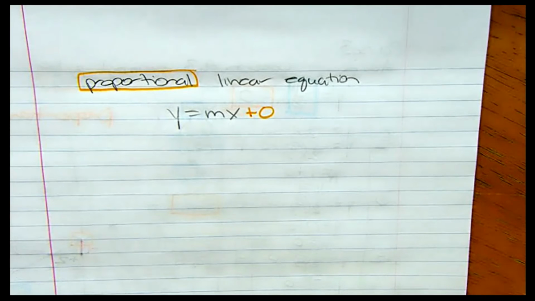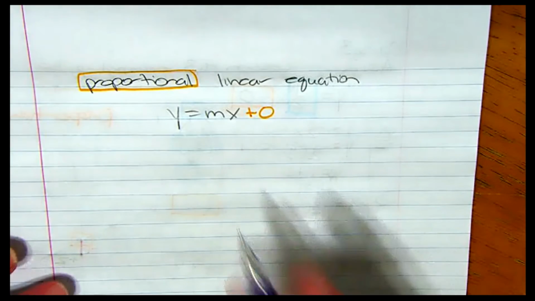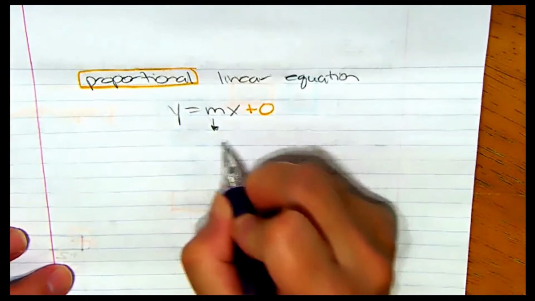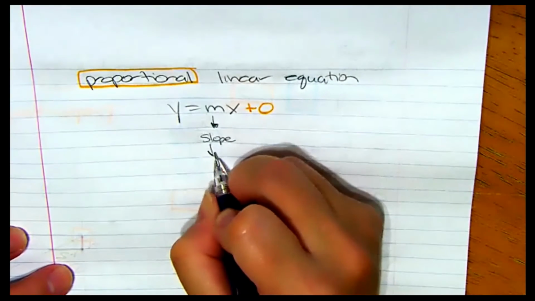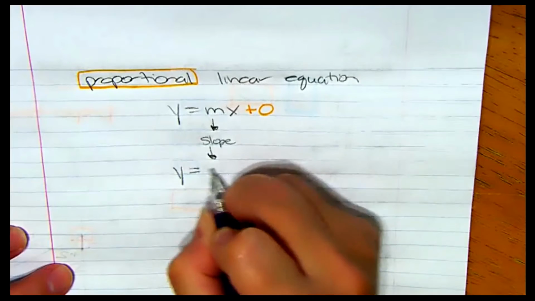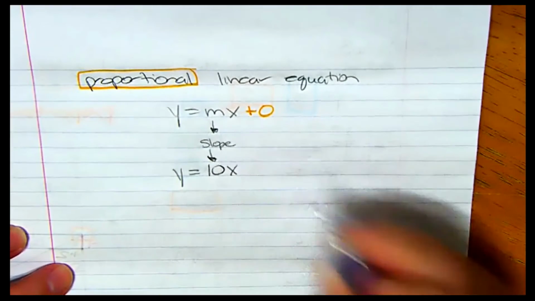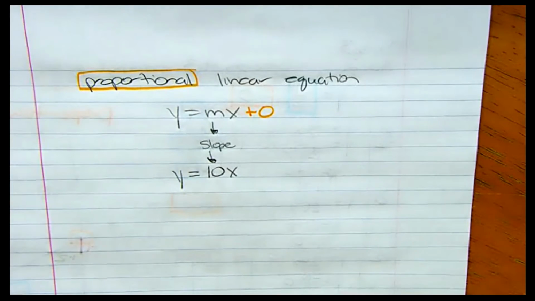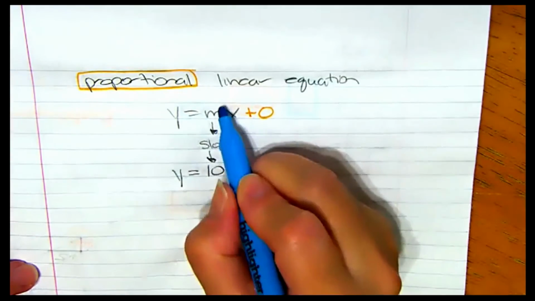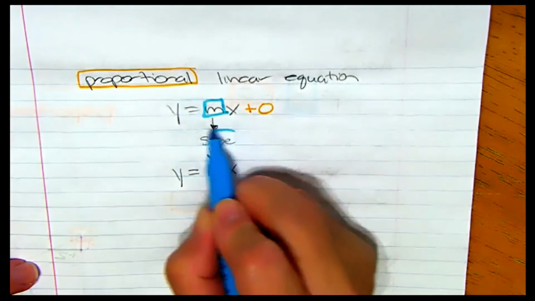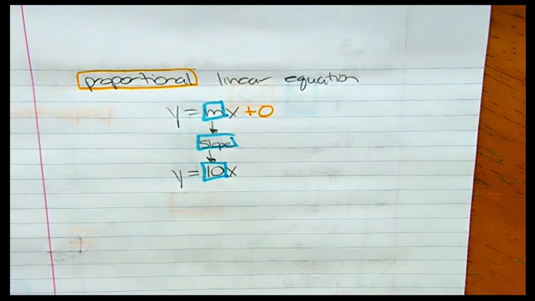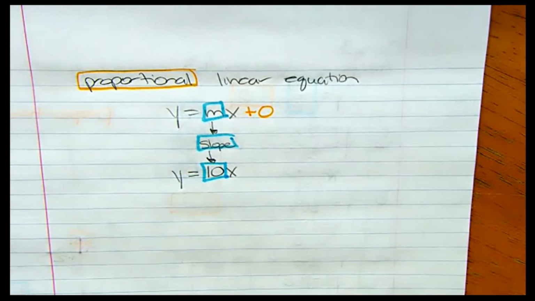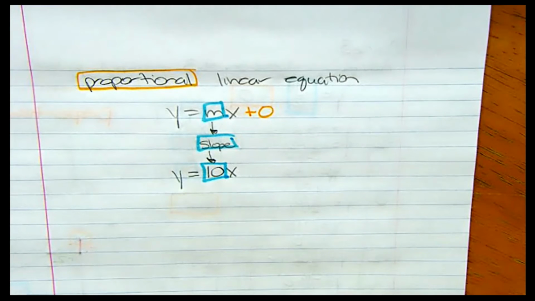We don't need to add that. We know m is slope, and in the equation they just gave us, y equals 10x, it looks like our slope is 10. But what does that 10 mean? I don't know. Let's figure it out.